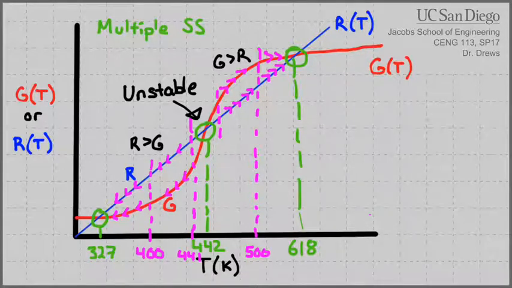What happens if I come in above 618? It's going to shift down to 618, right? Because now if I'm on the upper side of 618, let me draw that as purple because that's the color I've been using. If I go up here, now R is greater than G, and it's going to tend to cool back to those points.